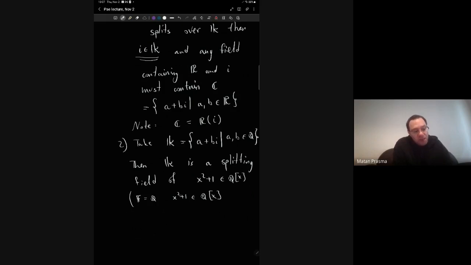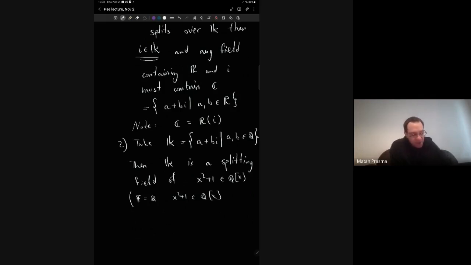Of course, x squared plus 1 splits over the complex numbers. But the complex numbers is not the splitting field of x squared plus 1 over the rationals, because in this case it is not the minimal field with this property.